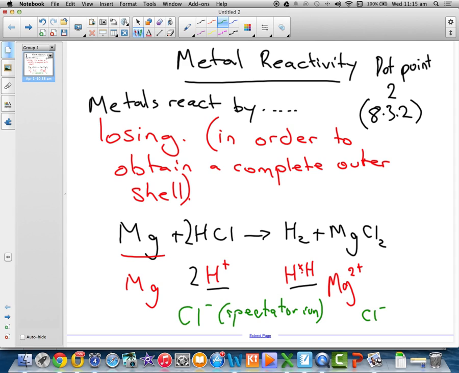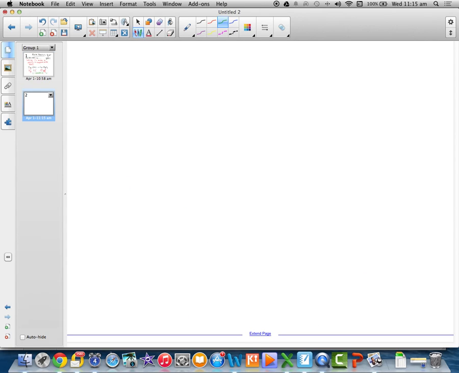So let's look at the substances that do react. So the chloride ions stay the same. They're not part of the reaction, but the magnesium changes and the hydrogen changes. Okay, so let's look at that in detail. So the magnesium started off as magnesium atoms with 2 electrons in the outer shell. After the reaction, we had magnesium ions.